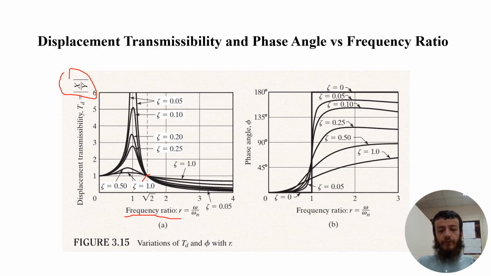But when the frequency ratio is higher than square root of 2, the displacement transmissibility will decrease. And as the damping ratio decreases or approaches zero, again the displacement transmissibility approaches infinity.